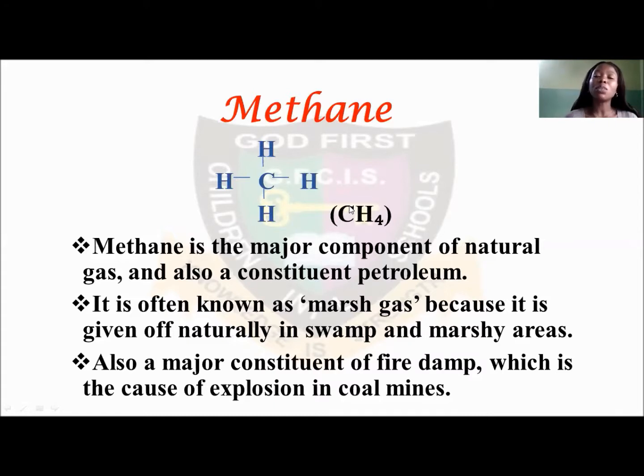You can find it in a mixture with other compounds in petrol or even coal. It is often referred to as marsh gas because it is given off naturally in swamps and marshy areas. It is also a major constituent of fire damp.